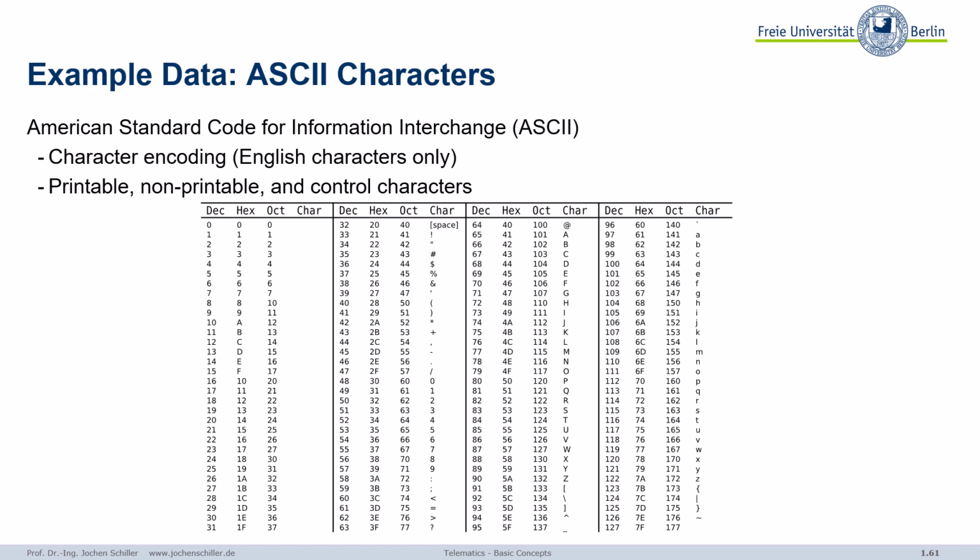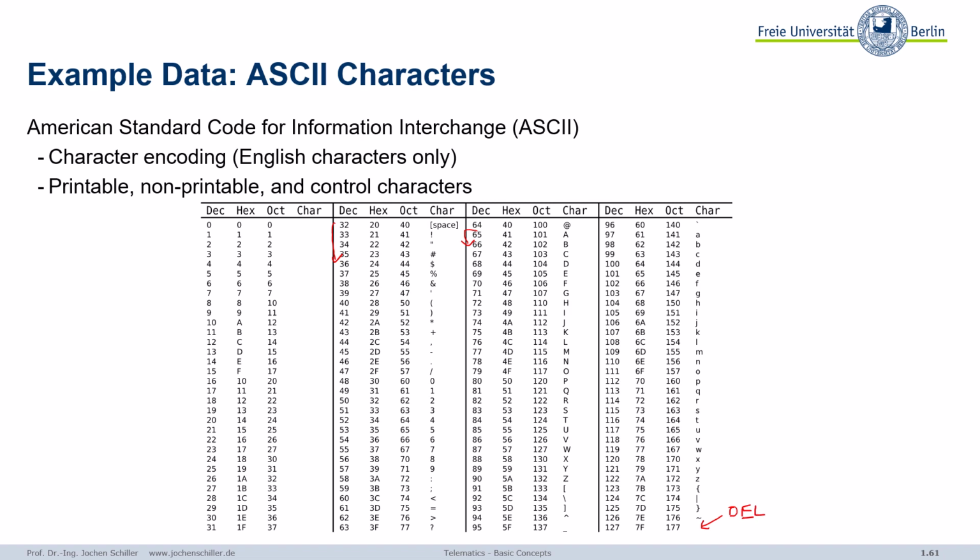So it starts here. Here we have the printable, so exclamation mark, etc. We have the alphabet starting here, and so on, capital letters, small letters, and it ends, it's a 7-bit alphabet, it ends with the delete.